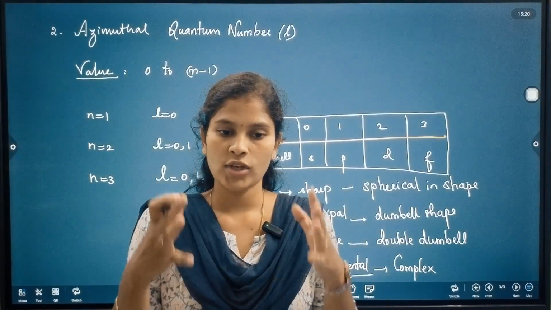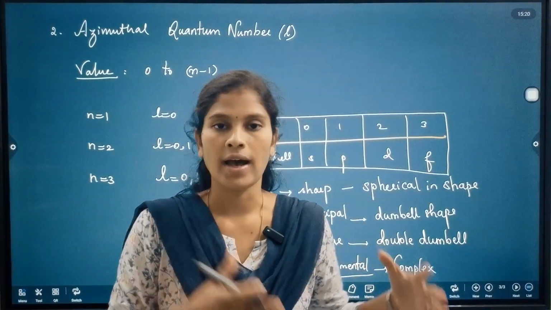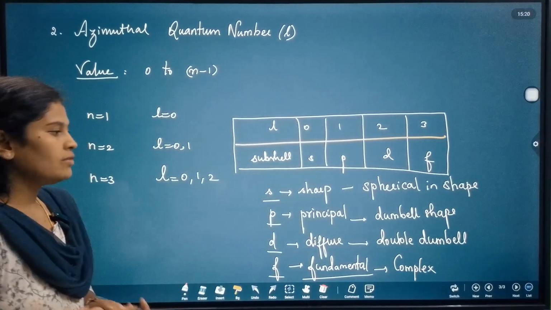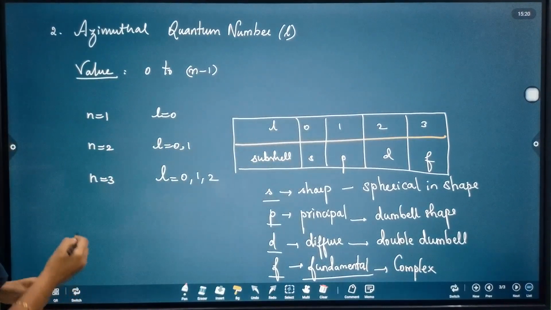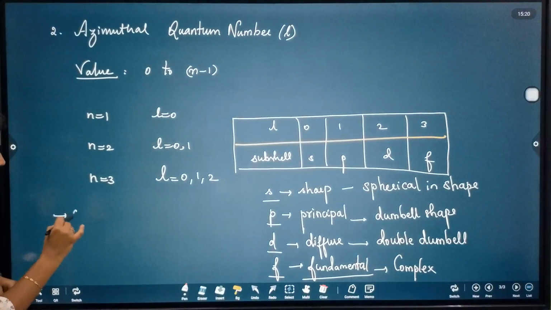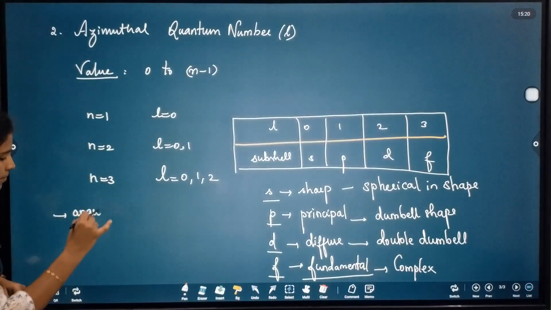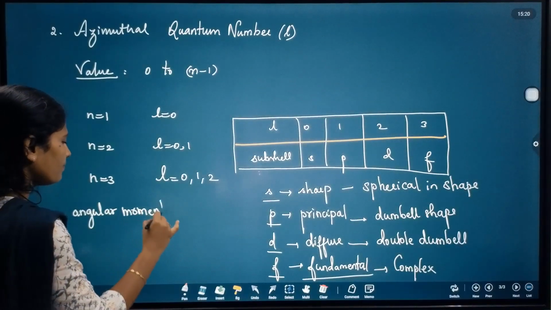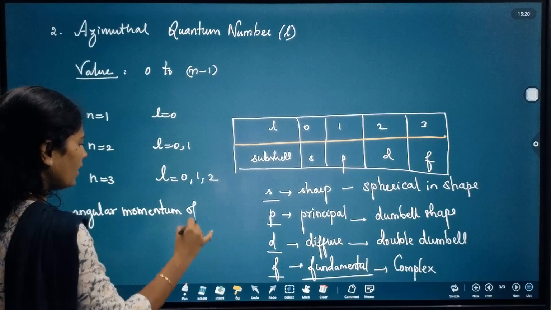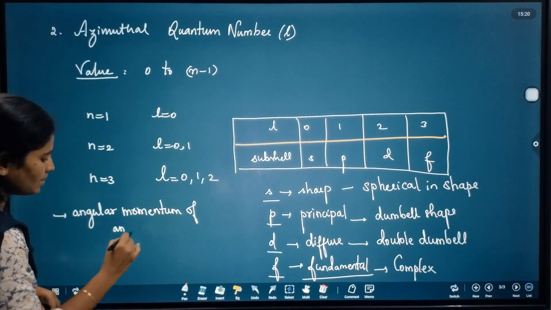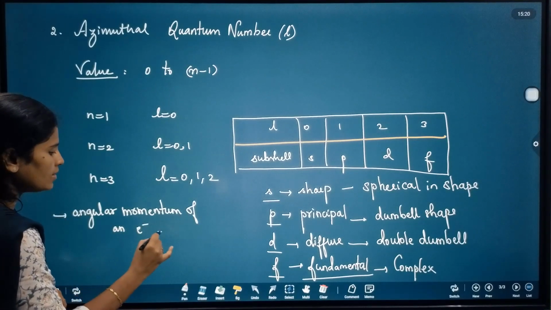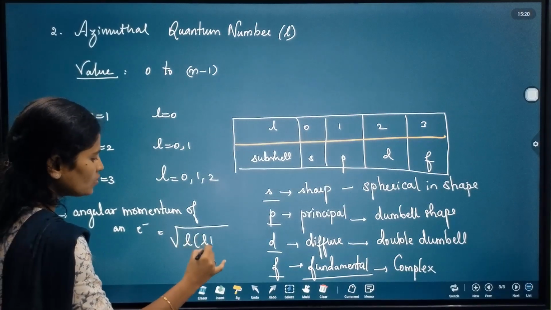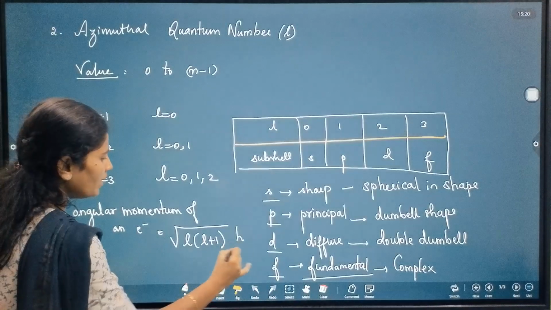And we know very well that a shell consists of subshells, and a subshell consists of orbitals in which the electron is located. Once I know the L value, I can also calculate the angular momentum of an electron present in a particular subshell, using the formula root of L into L plus 1 times h by 2 pi.